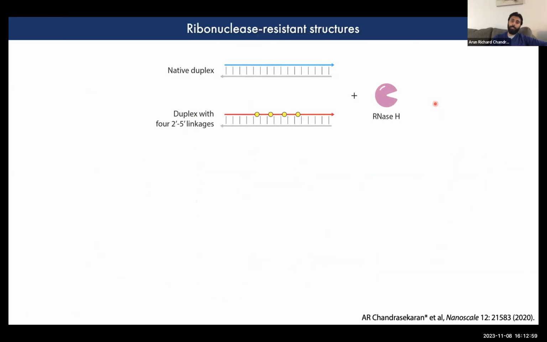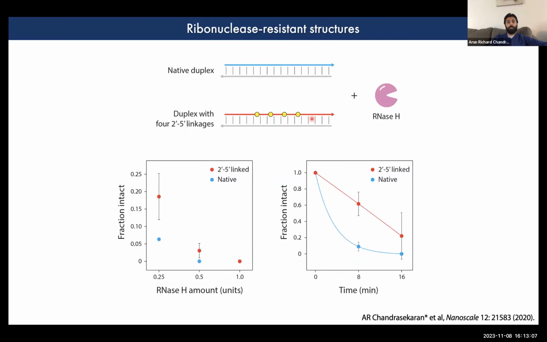So in our experiment, we took a native DNA-RNA hybrid and a DNA-RNA hybrid that contained 4 2'-5' linkages. We then added RNase H, which can cleave an RNA in a DNA-RNA hybrid. And what we saw with increasing amounts of the enzyme was that the 2'-5' linked structure was slightly more stable, that is, more biostable compared to the native structure.